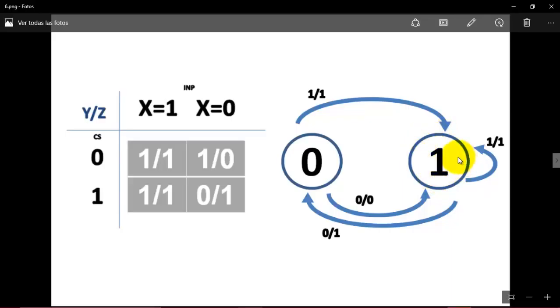If we have a current state of 1 and an input of 0, we are going to have an output of 0, and then we are going to be in our next state, which is 0, or y here.